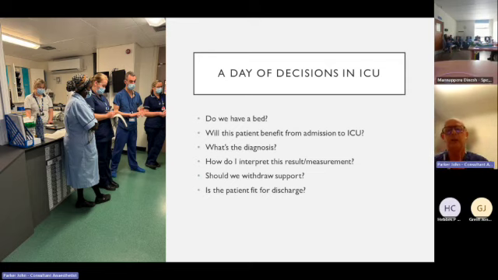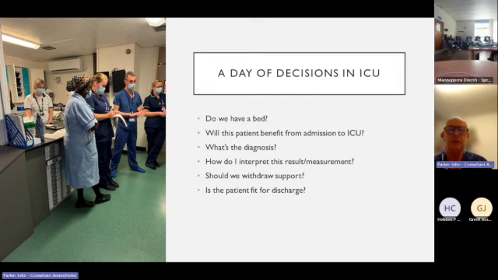How do we make that decision? The other really big one is admissions, an unplanned admission. Will that patient actually benefit from admission to ITU? How do we make that call? Diagnoses: how do we get to making diagnoses, and what pitfalls might there be there? Interpreting physiological measurements and blood results can also go awry.